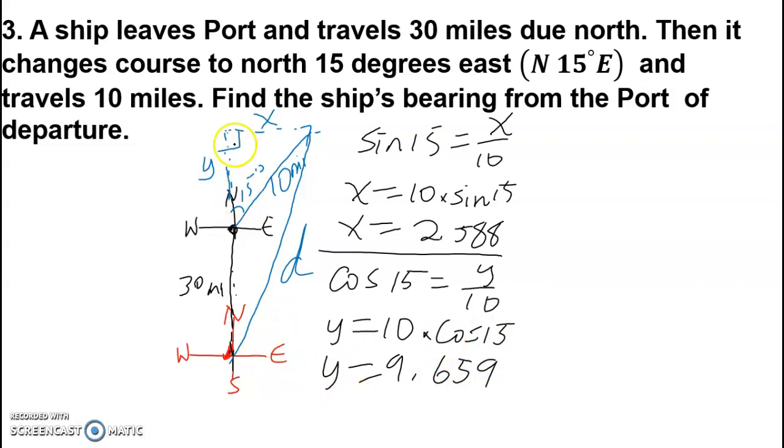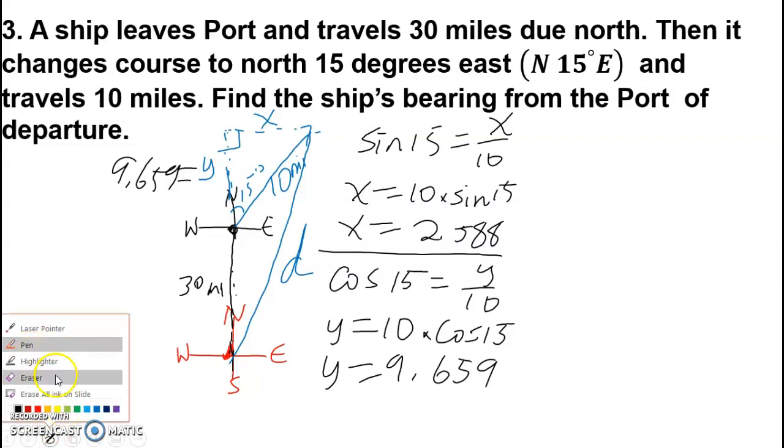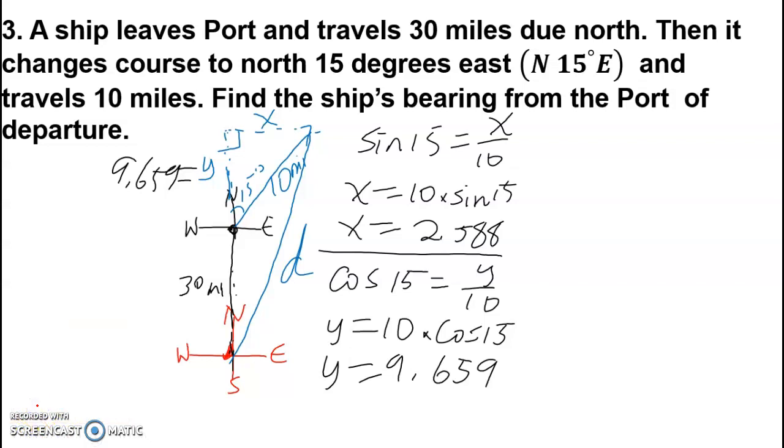Okay, so we have this length now. We have this Y, this length now. We know what it is. So that's 9.659 and we know this side x also. So therefore we have a right angle here. Let's do red now. So you see this, there's one big angle, not right angle here with this line we are looking for.